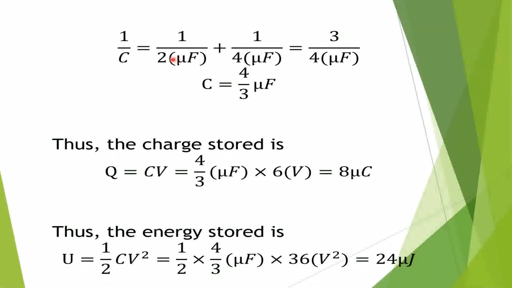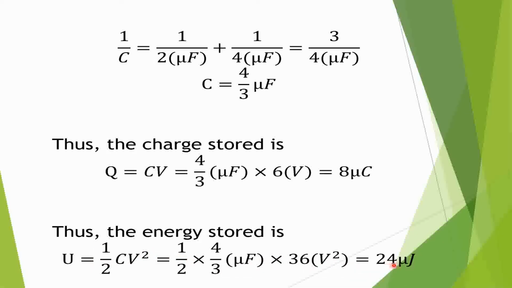Now to calculate the charge stored, you use this expression Q is equal to CV, which gives us 8 microcoulomb. If you recall the options we had earlier, only one option had 8 microcoulomb, so you can choose that option. Nevertheless, we can confirm it by calculating the energy stored, which is equal to 1/2 CV square. If you plug in the values, we get the energy stored as 24 microjoules.